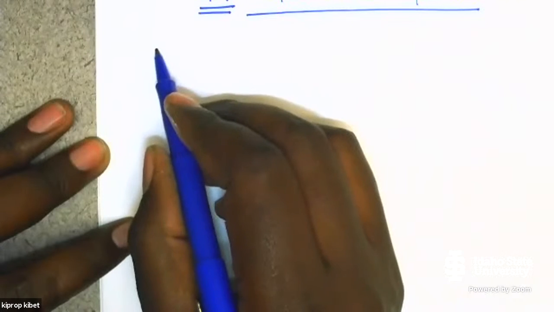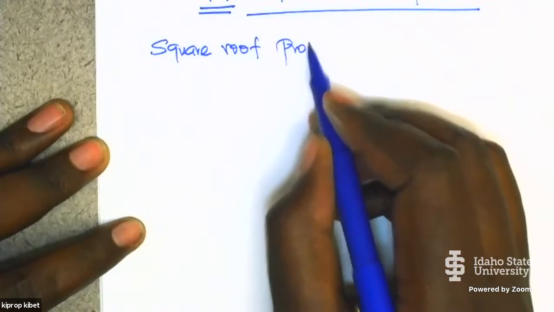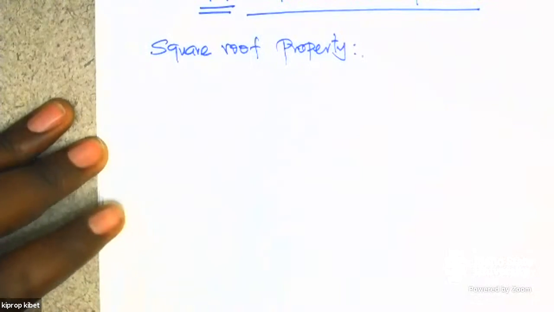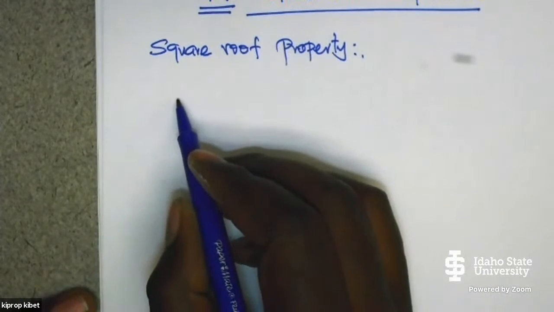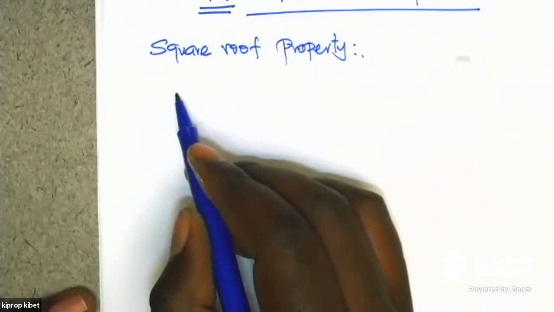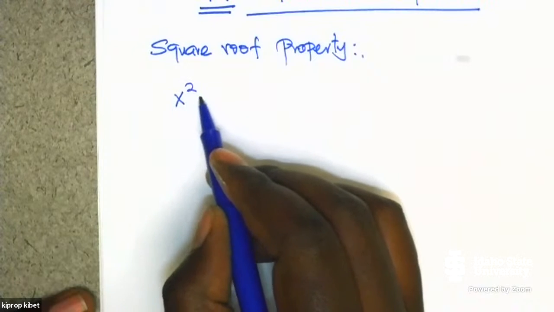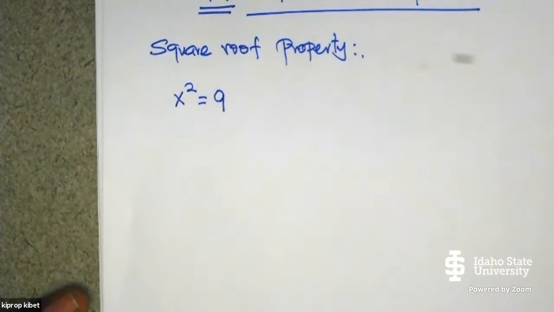Now, if we recall the square root property, if we have, let's say, x squared equals 9.